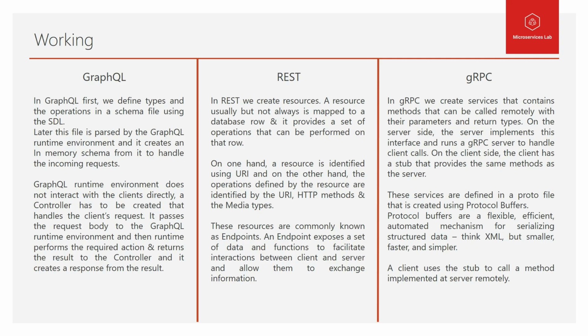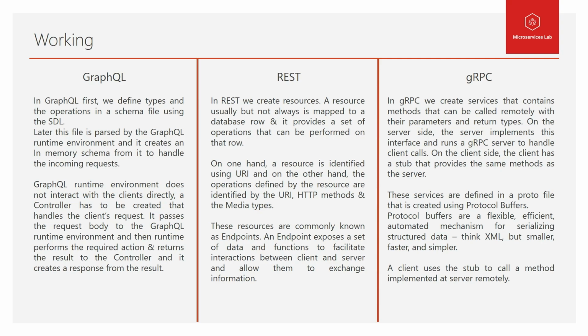So basically in gRPC, we create services that will contain the procedures or methods that can be called remotely from the client side. On the server side, we implement these methods or procedures and run a gRPC server. The gRPC server runs at a specific IP and port number.